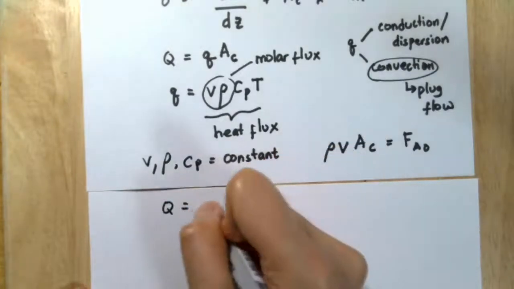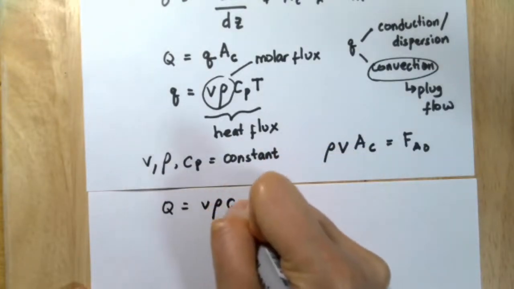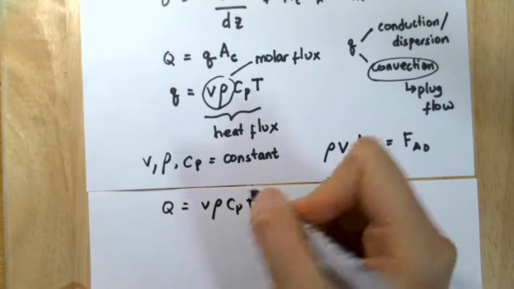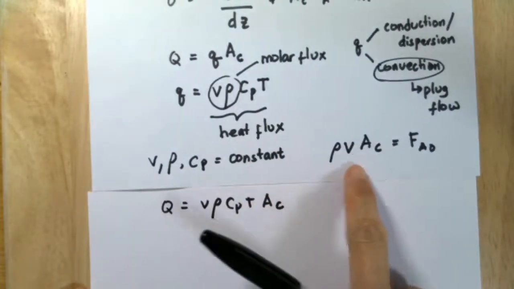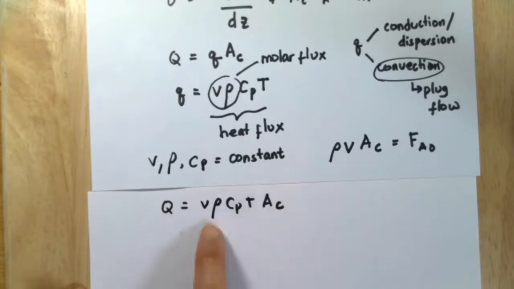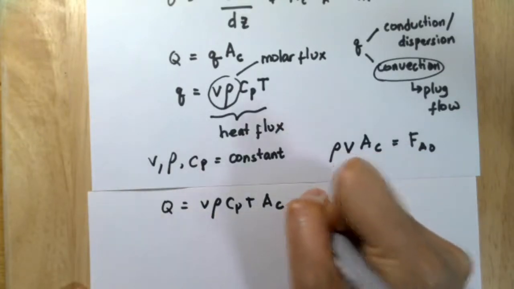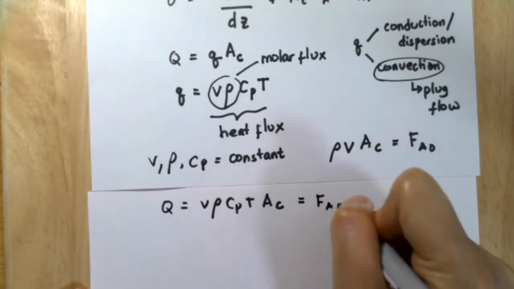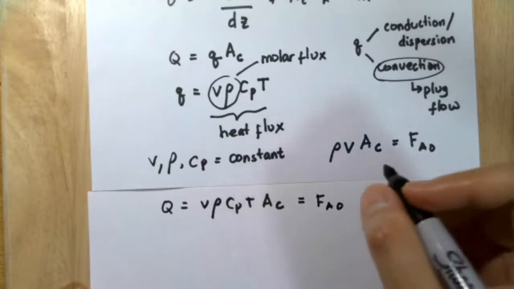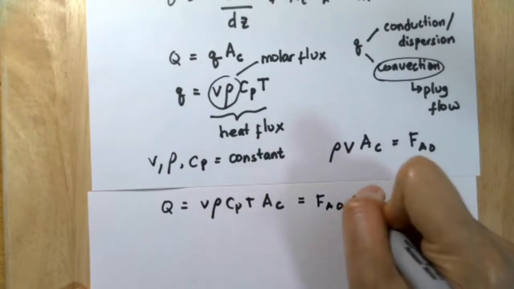So small q is V rho Cp times T, and then I have the AC. And then we will use this: rho V times AC is just FA0. So Q is just equal to FA0 times Cp T.